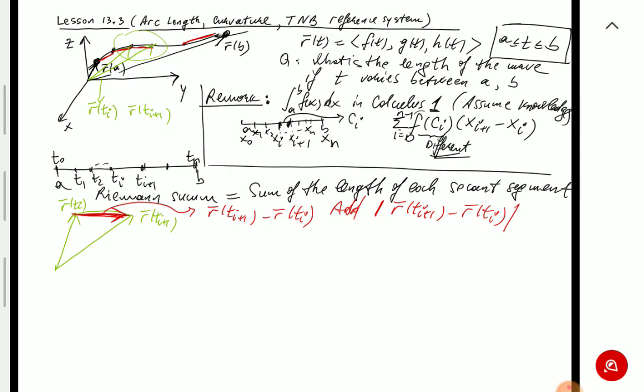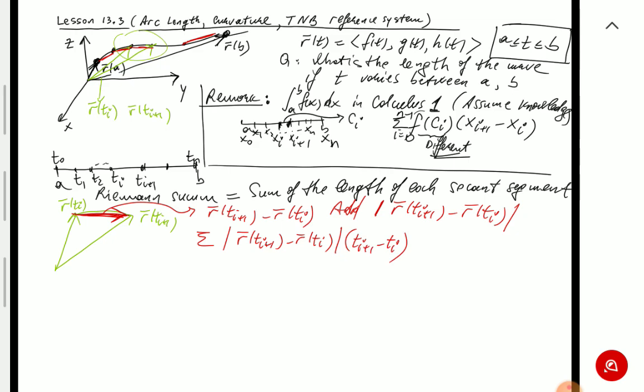All right, so when you set up the Riemann sum that approximates the integral to compute the length of the curve, you're going to have some summation of the magnitude of this difference times, of course, the distance on a segment on that partition, ti plus 1 minus ti.